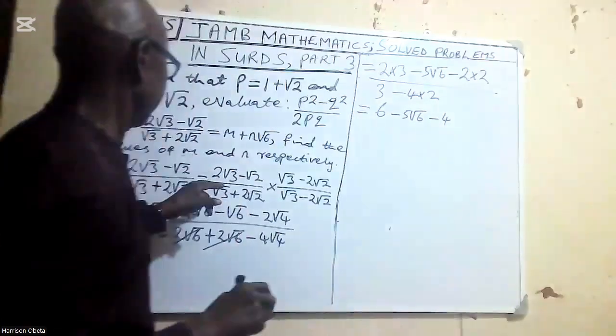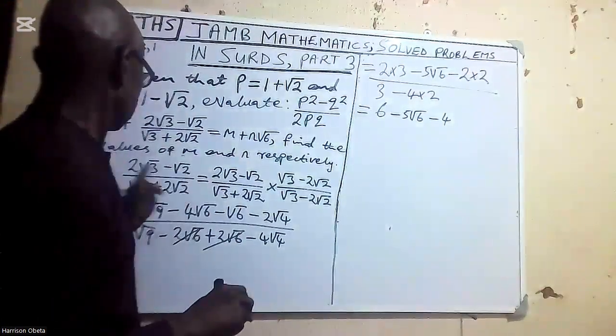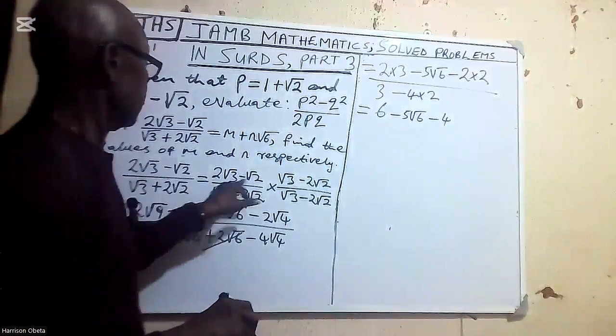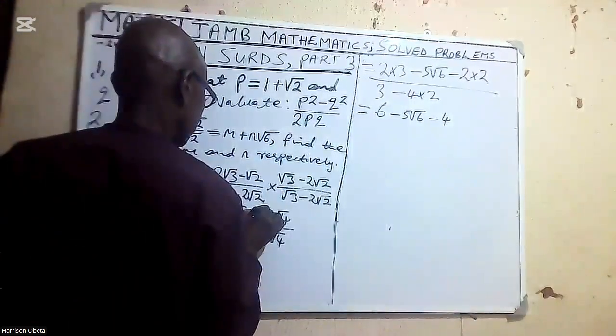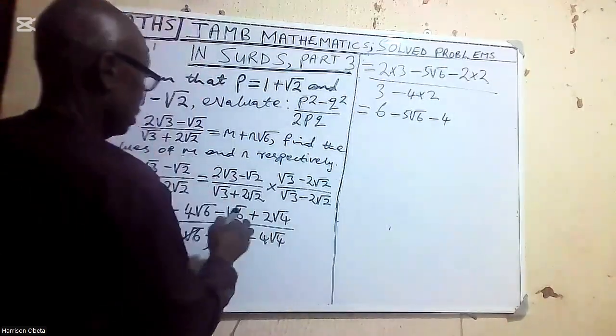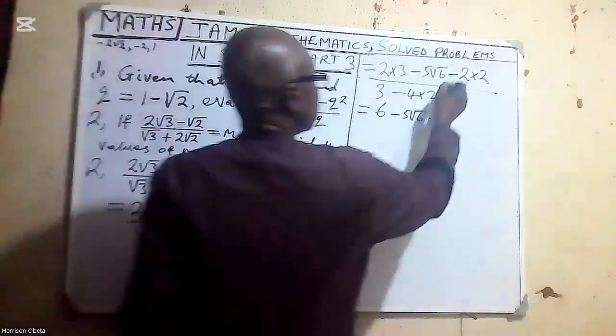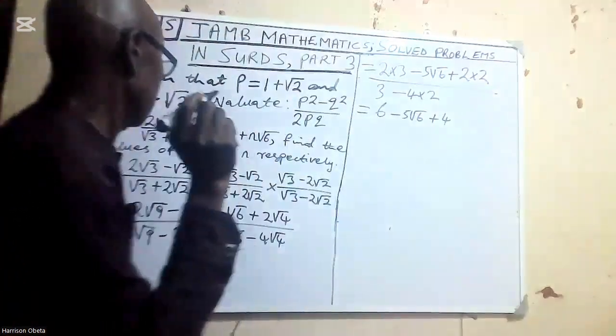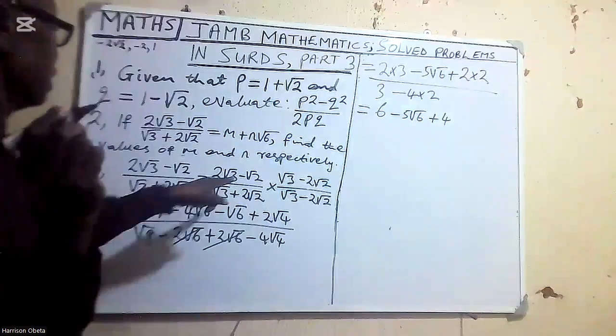Let me see. Minus 4. This and this, please, this should be plus, because minus times minus is plus. So this should be plus, this should be plus, and this also plus. Yes, that's a little mistake.